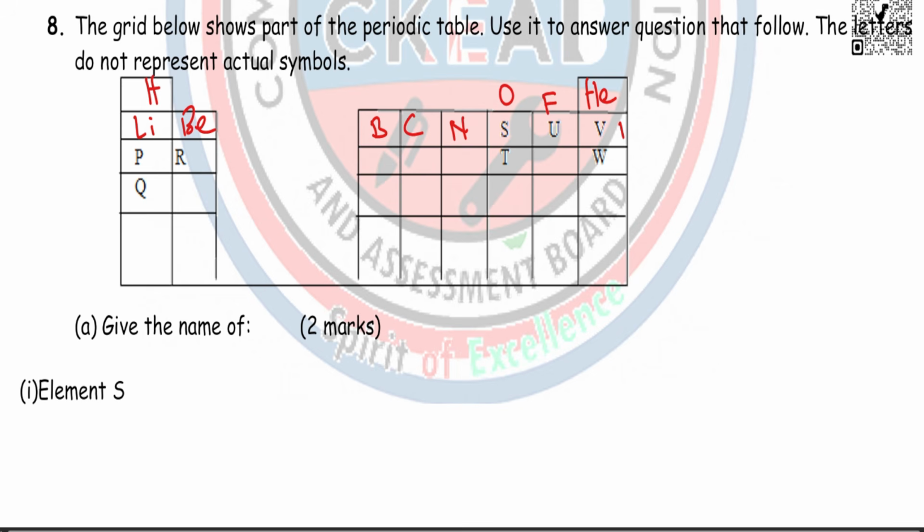Yeah, nitrogen. This is neon. And then this is sodium. So this is magnesium. This is aluminium. This is most probably, I think, 1, 2, 3, 4, silicon. This is phosphorus. Yeah, it is phosphorus.